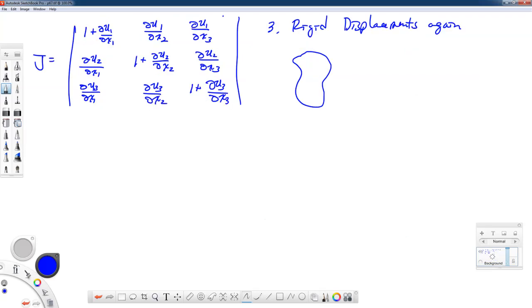Alright, so let's take a look at rigid displacements again. Here we have our Jacobian written in terms of displacement. And if this is my region R, well, I guess the most degenerate form of a rigid deformation would be absolutely no displacement at all. At time 1, the body is sitting there, and at time 2 it hasn't moved, and it still sits right there.